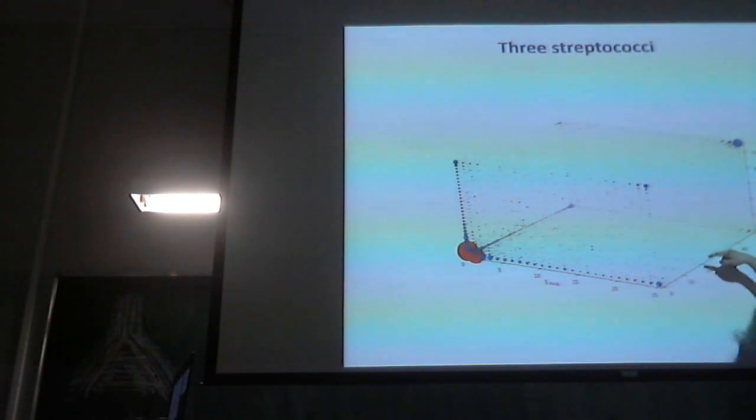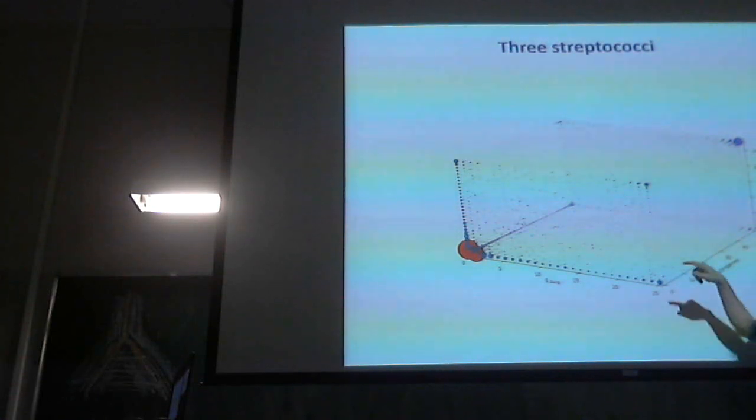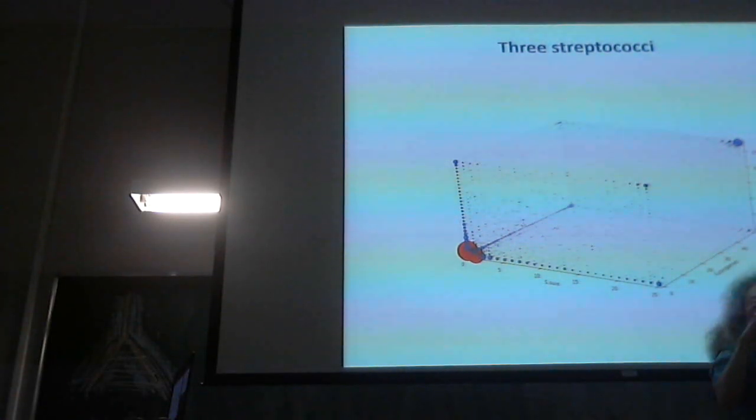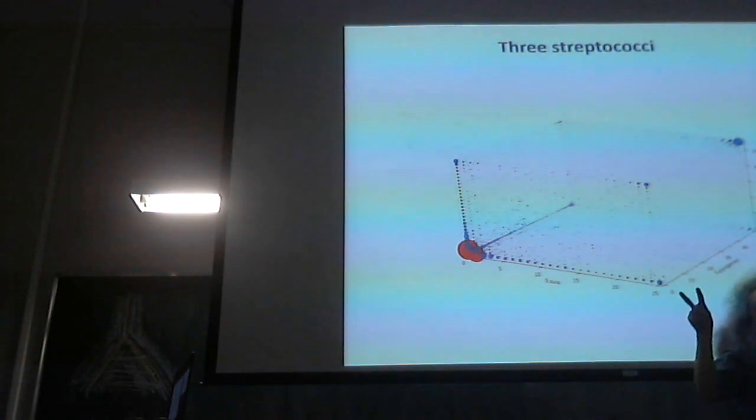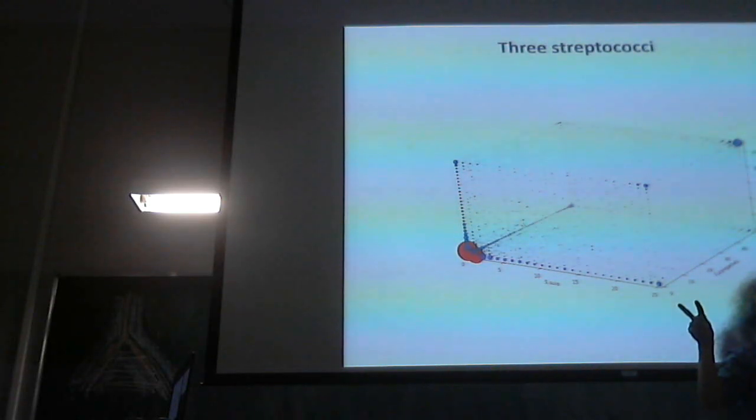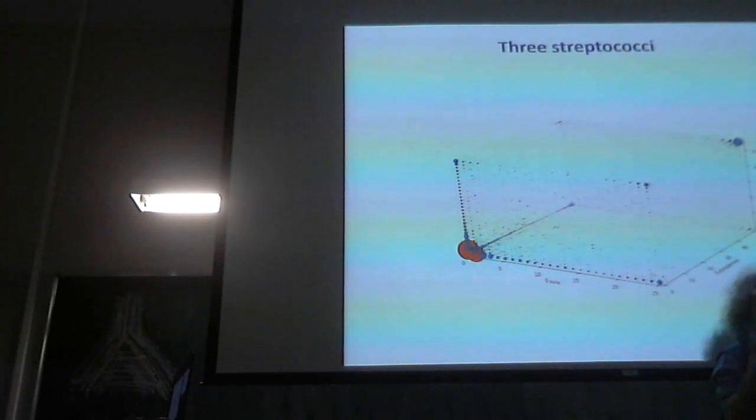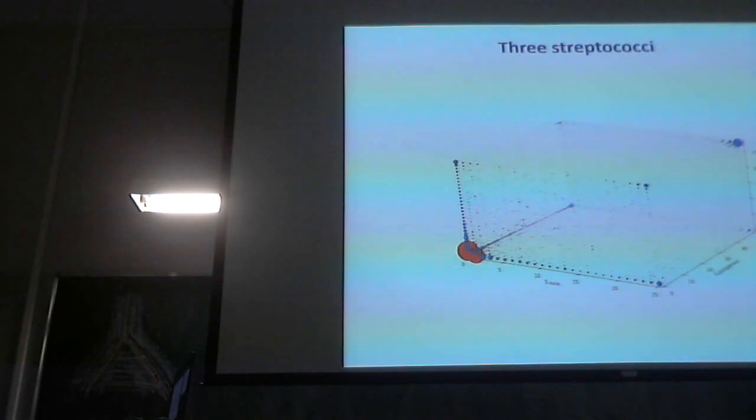So that means that pneumonia and suis have much more common genes than the other two pairs. Which means, as you guessed, that these are the sister species. And the pyogenes is the outgroup. Okay, cool.